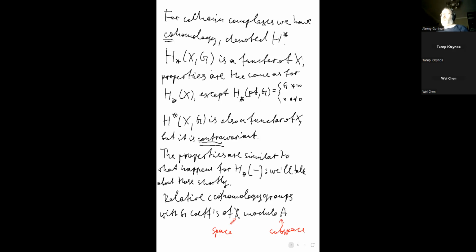Namely, we take the chain complexes which calculate the relative homology groups, and tensor those by G or take Hom into G. Should I write this down, or is it clear without further explanations? I think it's clear. Okay.